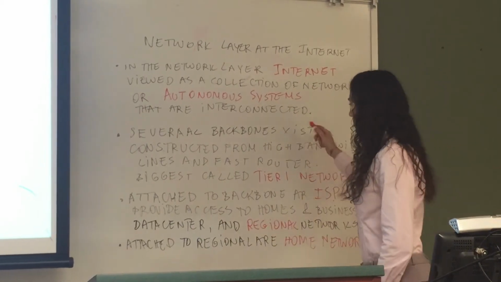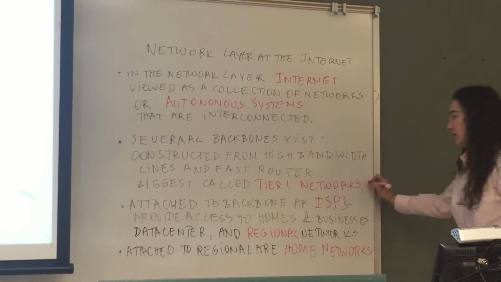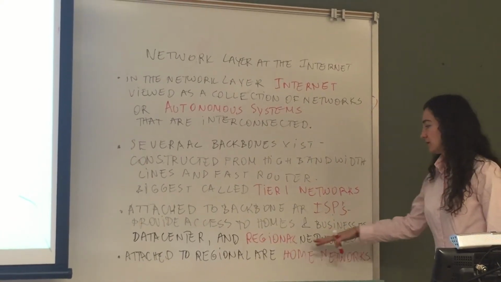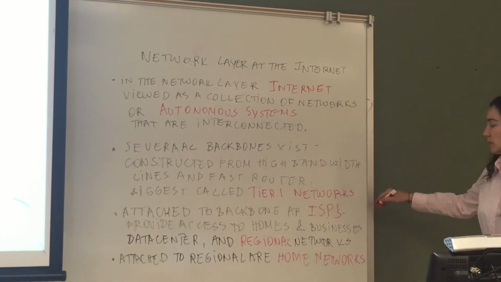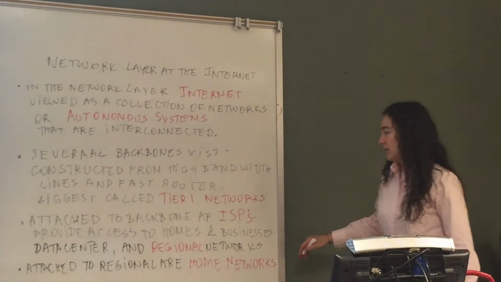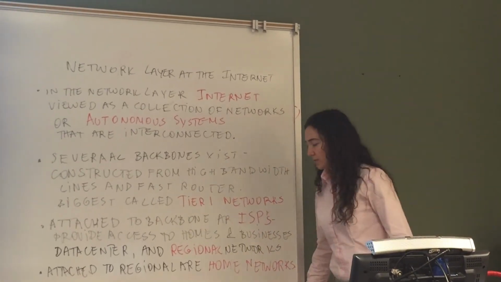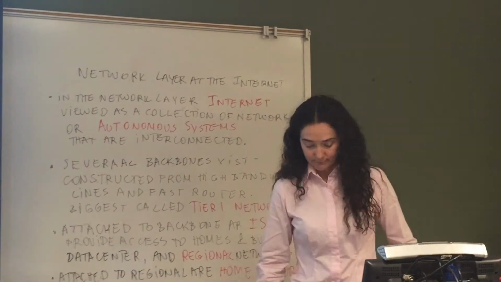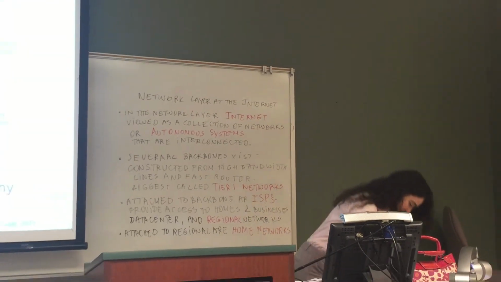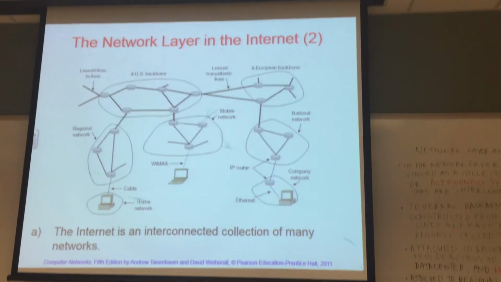We have backbones, tier 1 networks, internet service providers attached to them, homes, businesses, data centers, and regional networks attached to the internet service providers, and to the regional networks are attached the home networks. This is the structure of the internet.